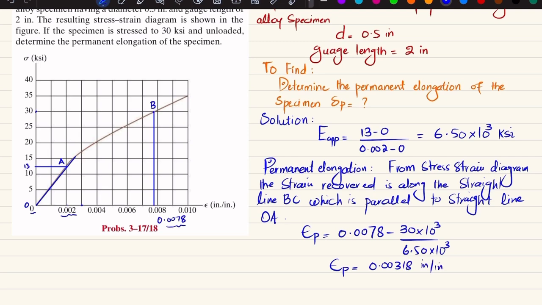It means that, let this be 0.00318. After removing this 30 ksi load, it will come back to this, and you can see this line. This is point C. So this line BC is parallel to the initial line of the stress strain diagram, and a permanent strain will remain in this material. I will also write it over here that this will be the permanent strain, epsilon P.